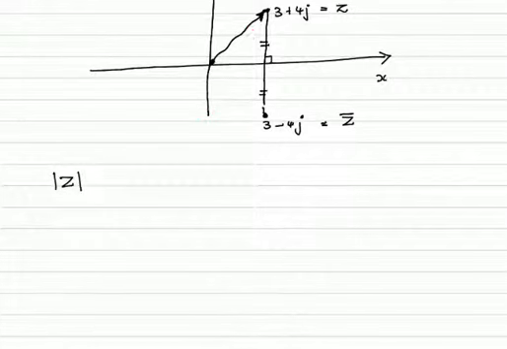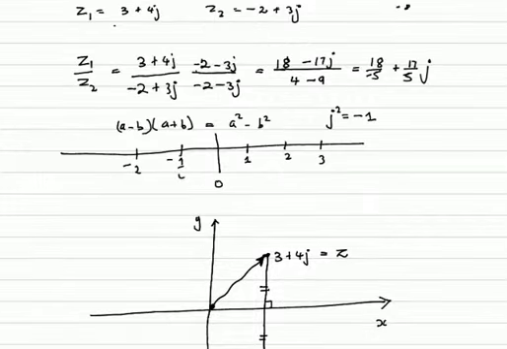Like the modulus of minus 1, basically the distance of minus 1 from the origin. In this case, the modulus of minus 1 is basically 1 as a unit distance there, which is 1.